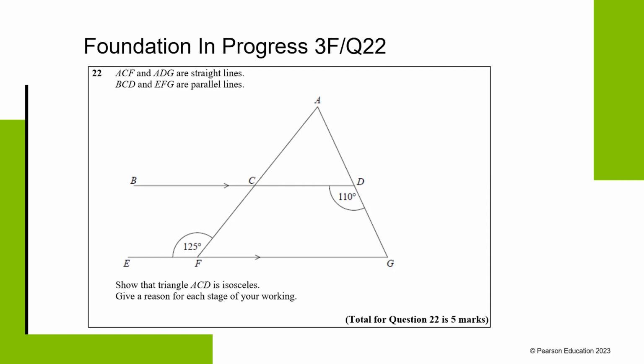We've seen a slight improvement. 7.7% of students got all 5 marks, which I understand sits right. About 10% of students will get all 5 marks on this question, bearing in mind they've got to give their reasons, and I can get that.